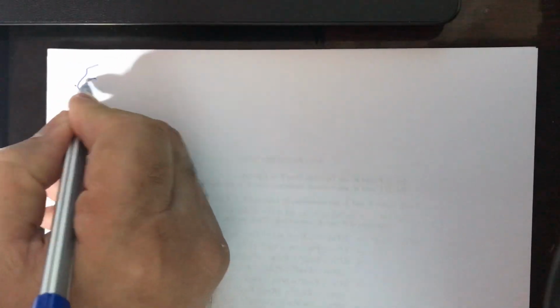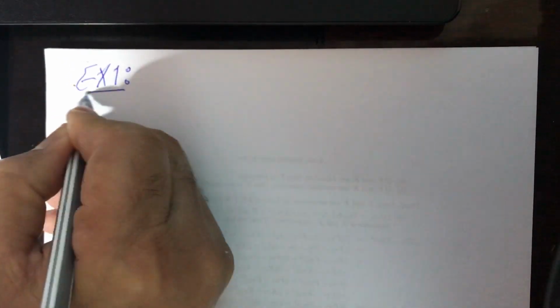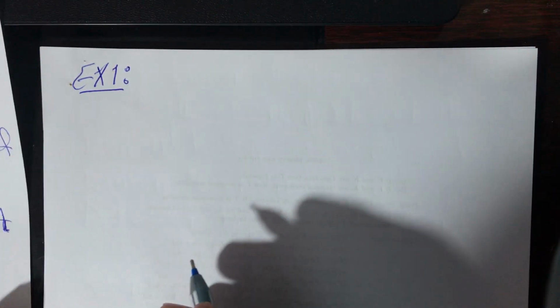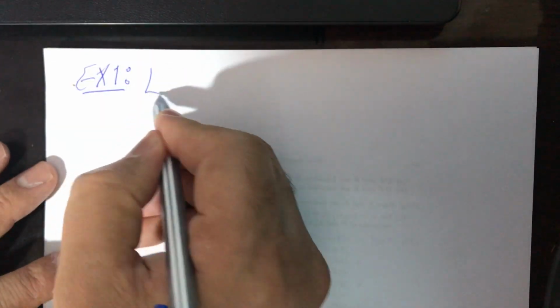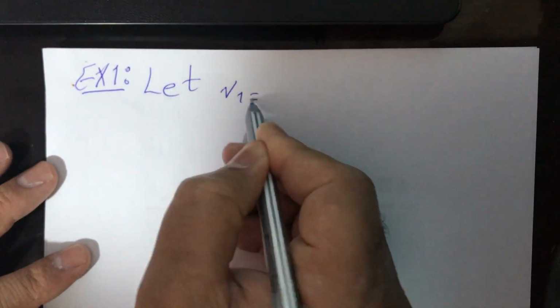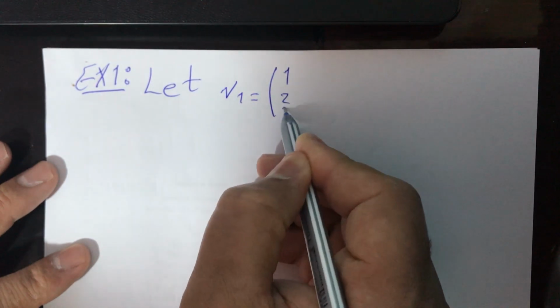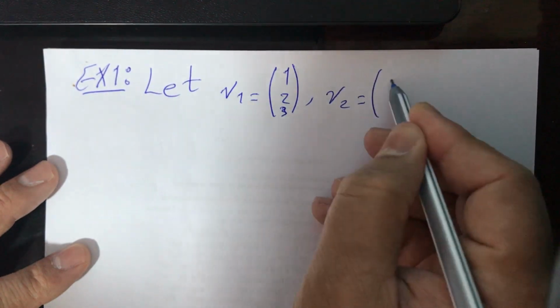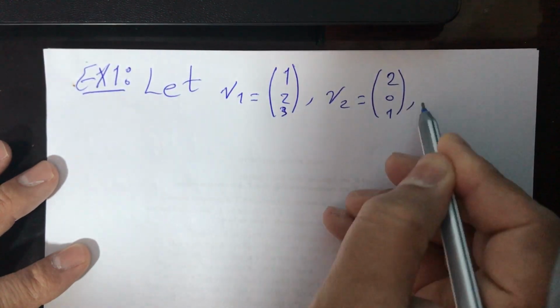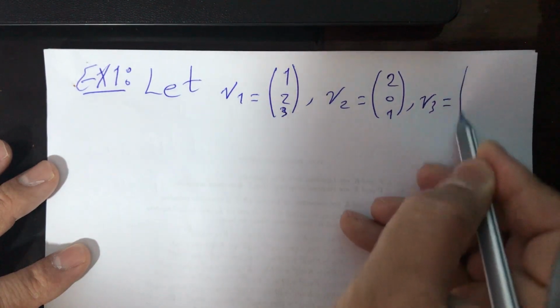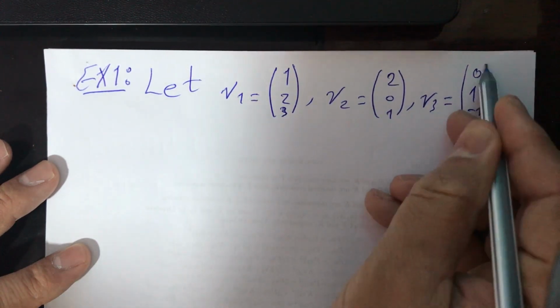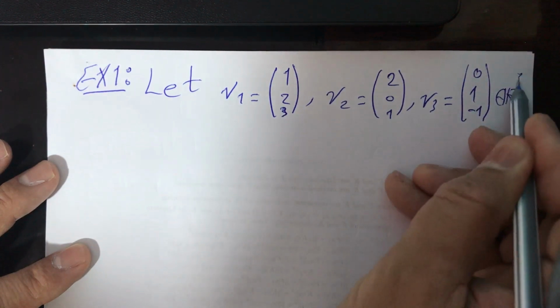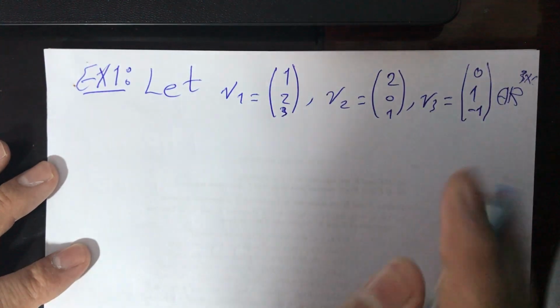First, we take this example. Example 1. Let V1 equal to (1, 2, 3), V2 equal to (2, 0, 1), V3 equal to (0, 1, -1). These belong to R3,1, that is, 3 times 1.